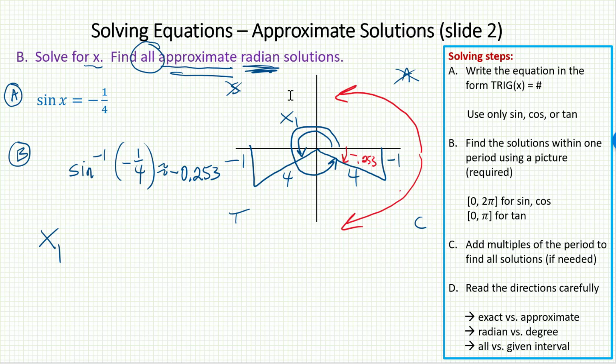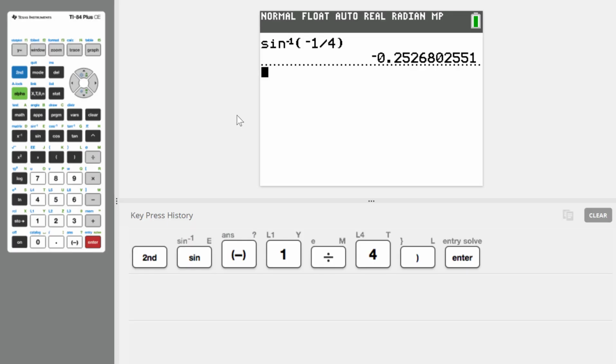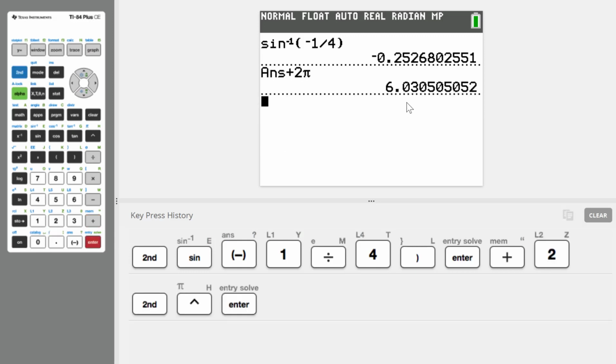Well, all I have to do is rotate around another 360 degrees, another 2π, and I'll be back at the same spot. In other words, if I take that sine inverse -1/4 and simply add 2π to it, that's going to give me what I want. So back on the calculator then, I'm just going to type plus, because the calculator understands I want to use my last answer, the sine inverse -1/4 answer, and then add on 2π, and that gives me 6.031 radians.